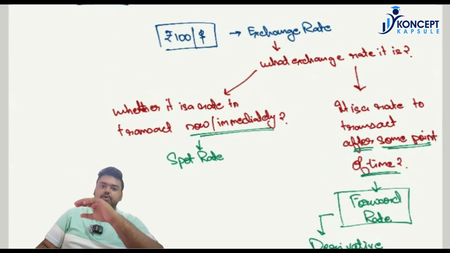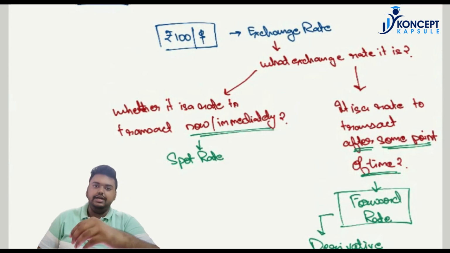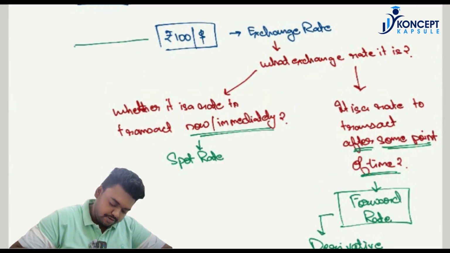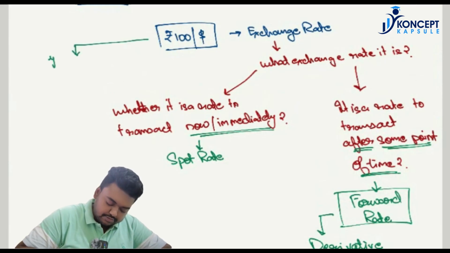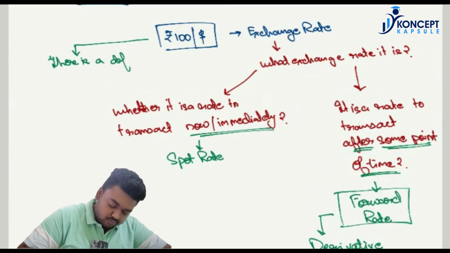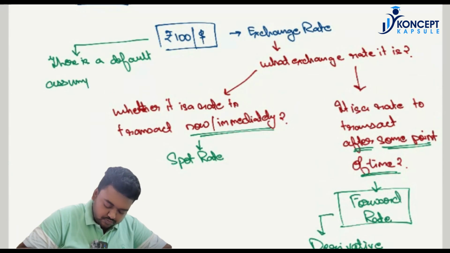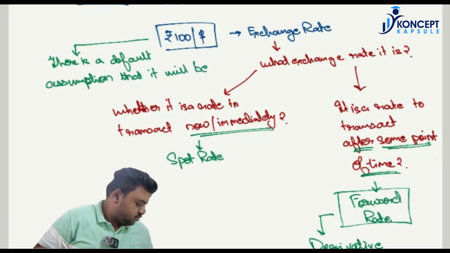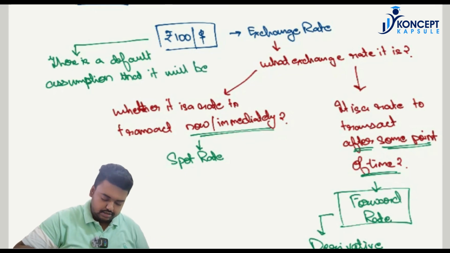Whenever nothing is provided, whenever a simple exchange rate like 100 rupees per dollar or 87 rupees per dollar is given, there is a default assumption that it will be spot rate.